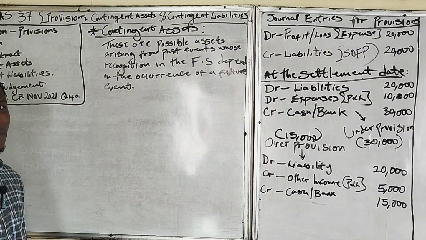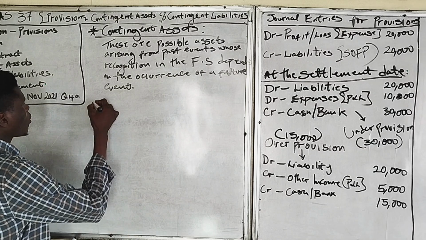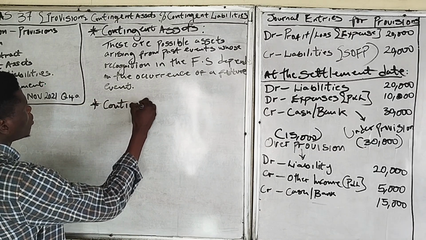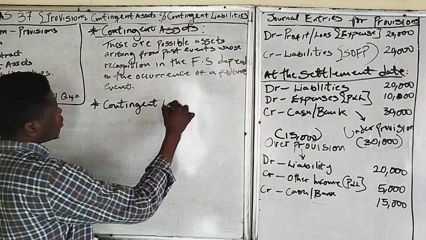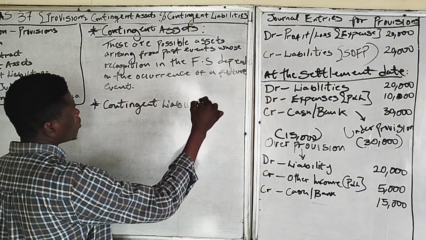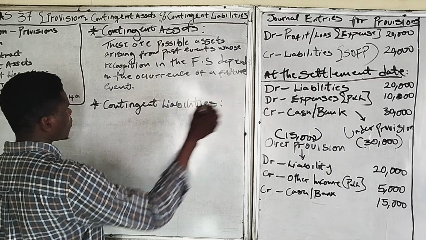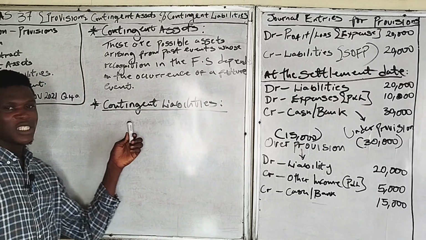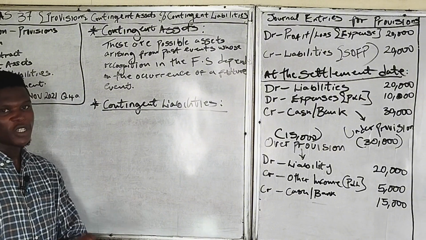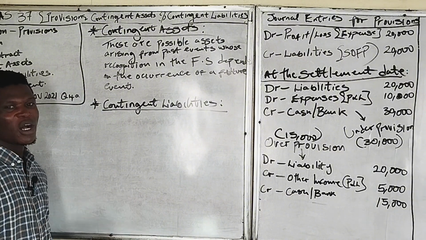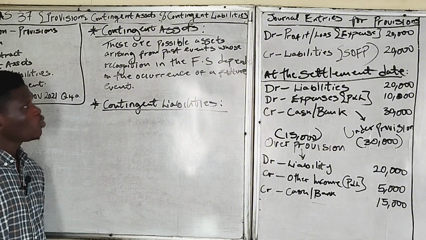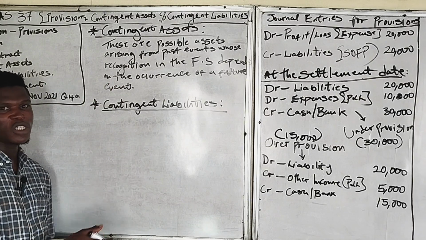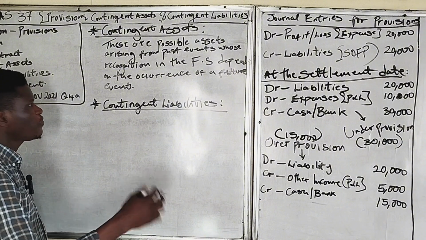So for contingent liability now, contingent liabilities are present obligations also arising from past events whose recognition in the financial statement also depend on the occurrence or non-occurrence of a future event.